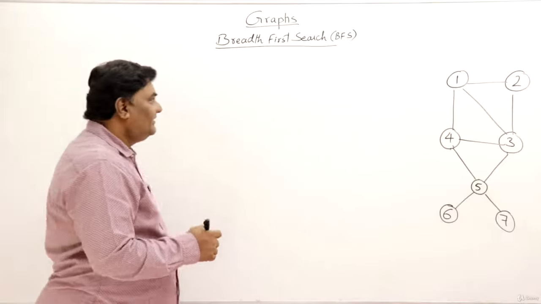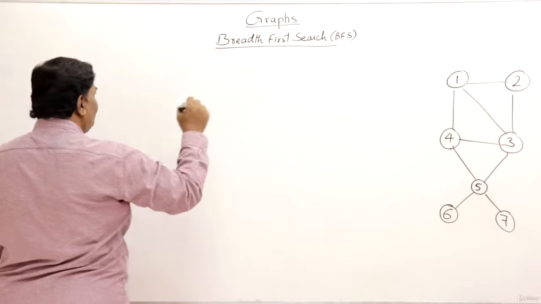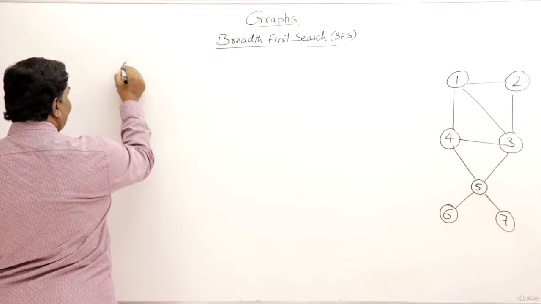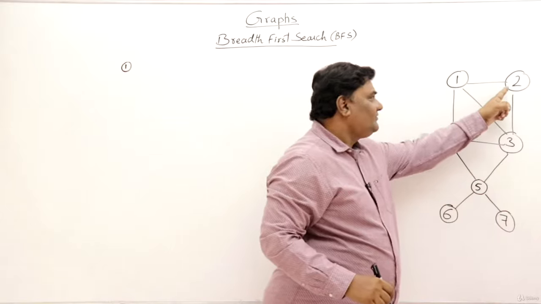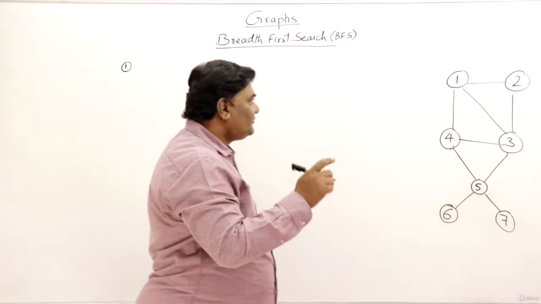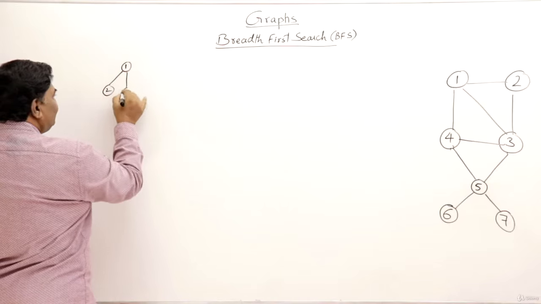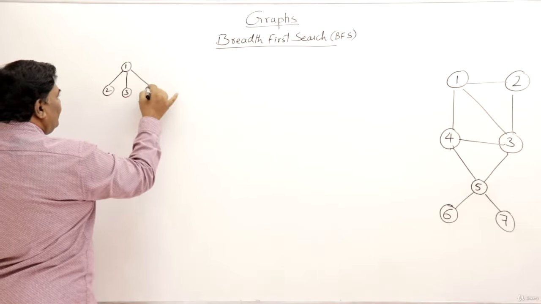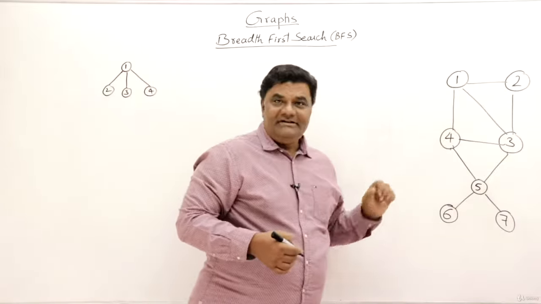I'll show you here. The vertices are 1 to 7. I'll start from vertex 1. This is vertex 1. Now the vertices connected to vertex 1 are 2, 3 and 4. I'll take all of them: first 2, then 3, then 4. So for vertex 1, 2, 3, 4 are completed.